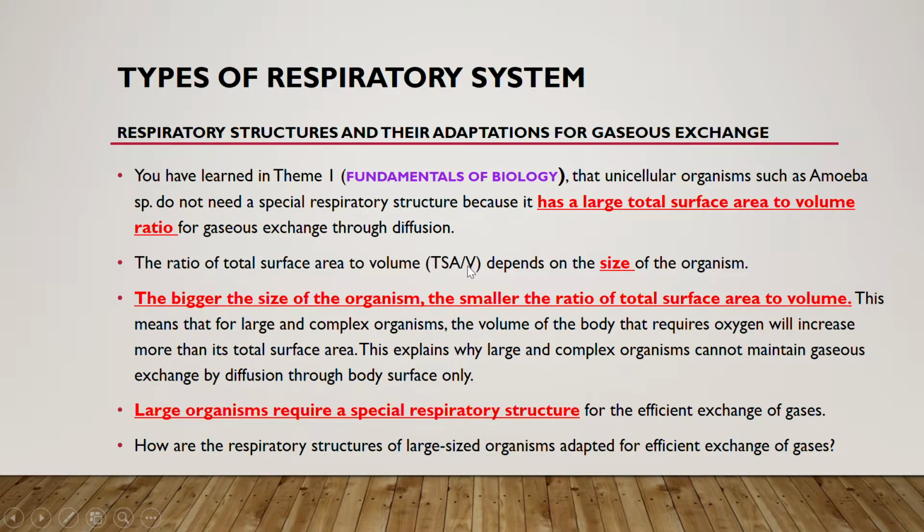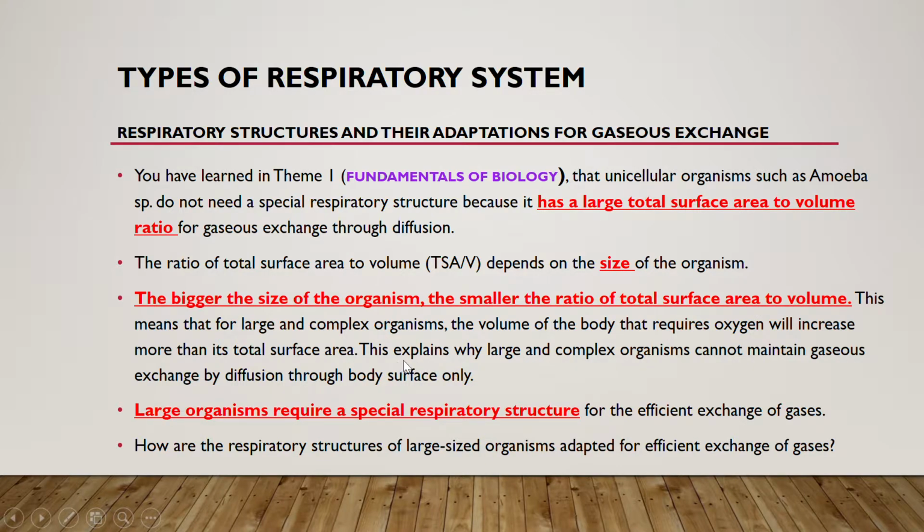In other words, total surface area to volume is TSA per V. This TSA to V ratio depends on the size of the organism. The bigger the size, the smaller the ratio of total surface area to volume. So big organisms, for example human beings, have a small TSA to volume ratio.